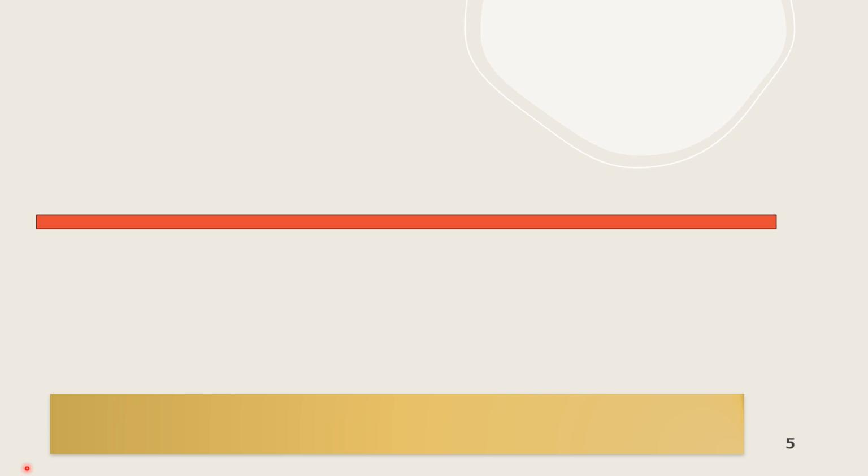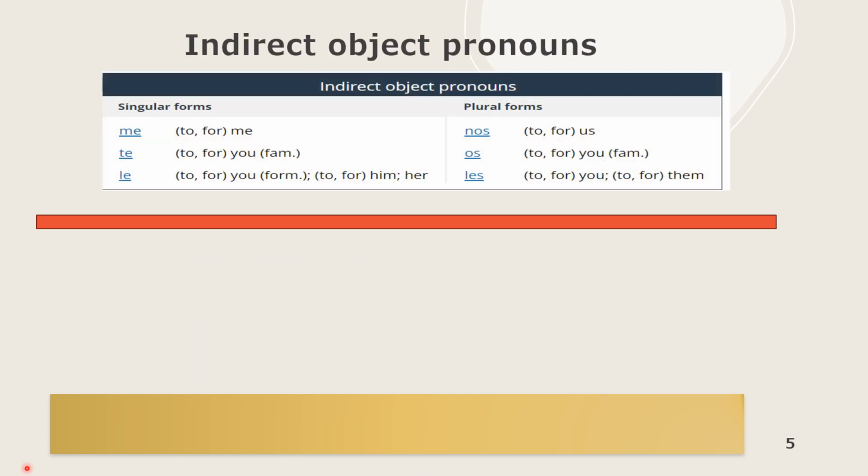So here are the indirect object pronouns. In the singular form: me, to or for me; te, to or for you, the familiar you; le, to or for you, or to or for him or her.